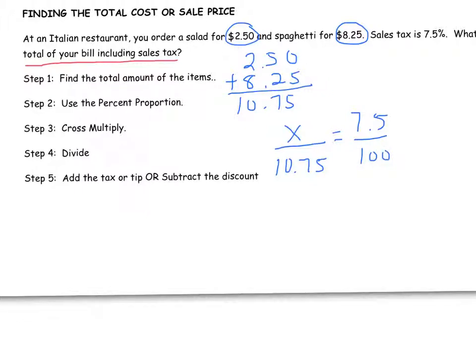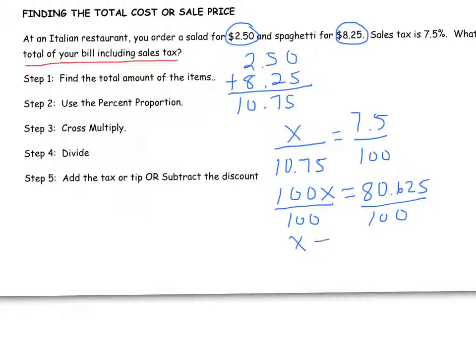And then you cross multiply and divide. So we're doing step 3 right now. And 1075 times 7.5 gives us 80.625. And then we'll do step 4, divide. So our tax is going to be approximately 81 cents. That's our tax.